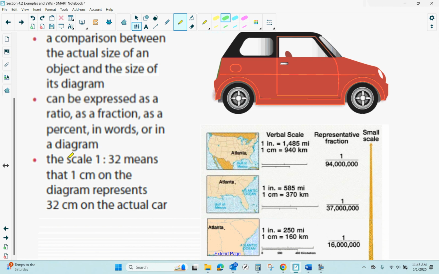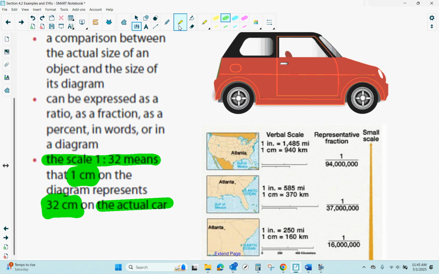So for example, this picture here has a scale of 1 to 32, meaning 1 centimeter on the picture represents 32 centimeters on the actual car.